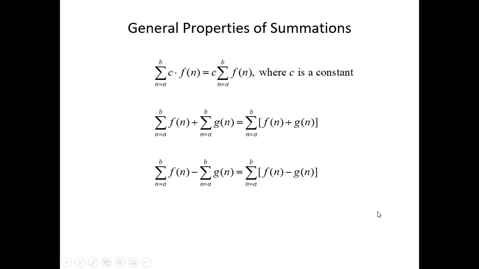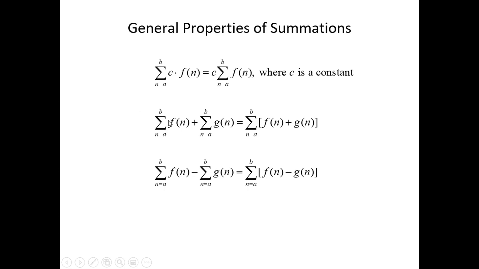All right, some general properties. If we're multiplying some function by a constant, we can factor out that constant and put it in front. We could do the entire summation and then multiply by the constant. It's kind of like the distributive property.